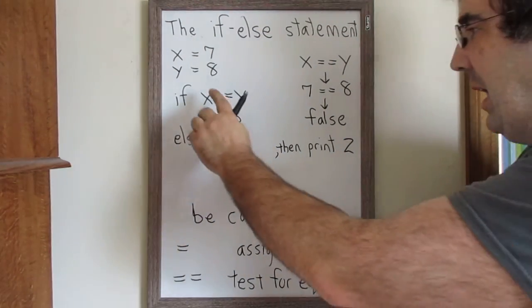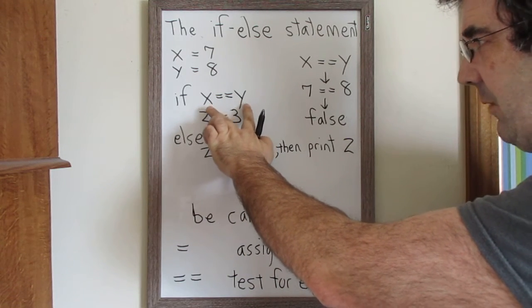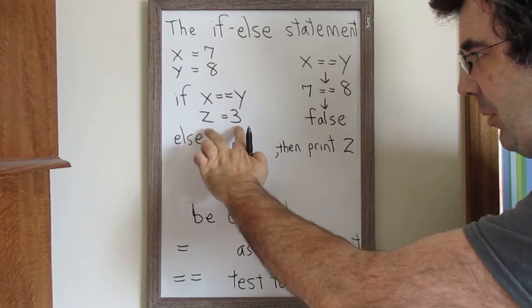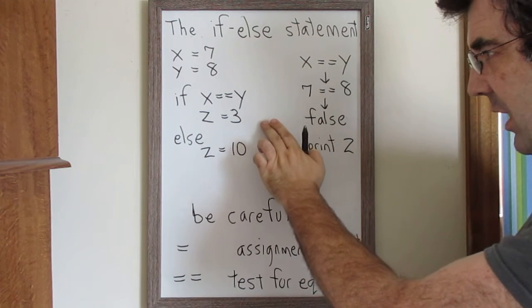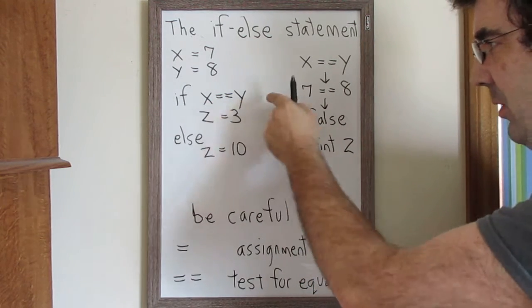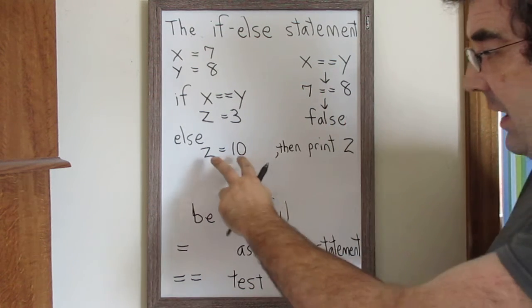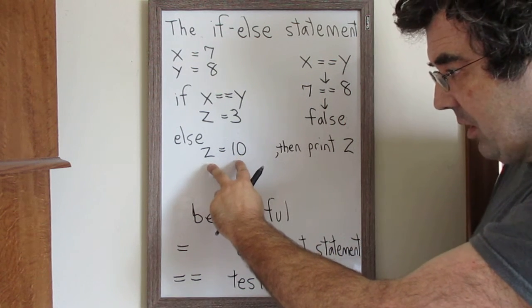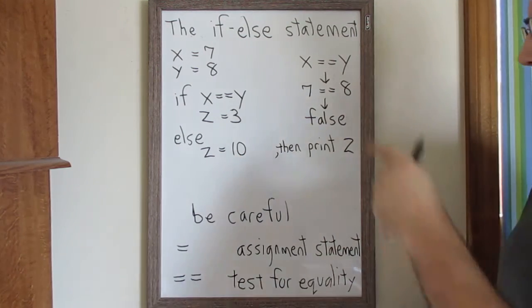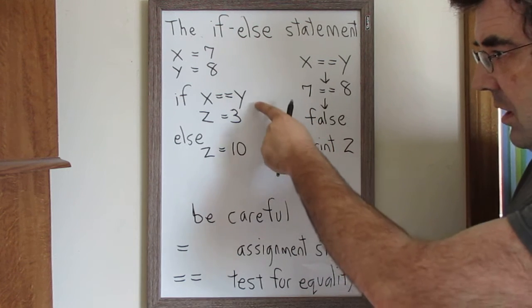So the if-else statement: I do a test condition that evaluates to true or false, and if it's true, I execute this subblock of code here, which is just one line of code, so c equal 3. I evaluate this Boolean expression that evaluates to true or false, and if it evaluates to false, I execute the other subblock of code, which in this case is just one line of code, but it could be more. If it's true, do this.